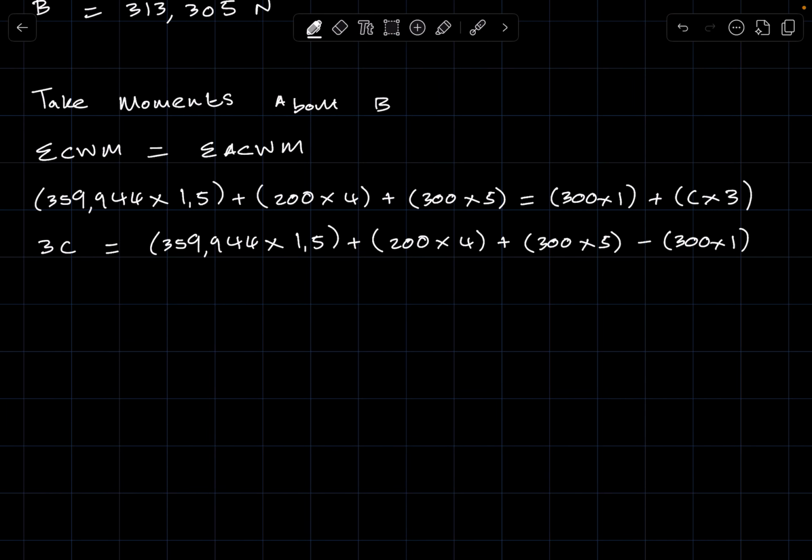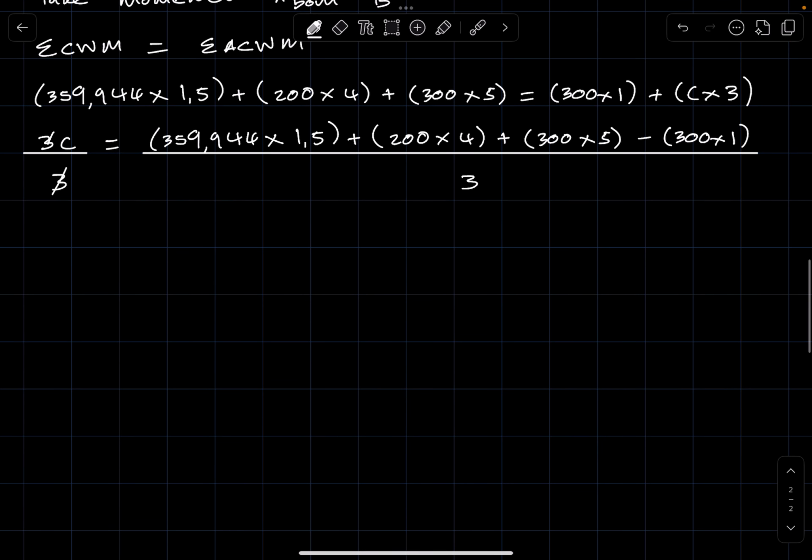And then to get C, you simply divide both sides by 3, thus getting rid of that, so that we are only left with the unknown. Now if you punch this in your calculators, you should get 846,639 newtons.